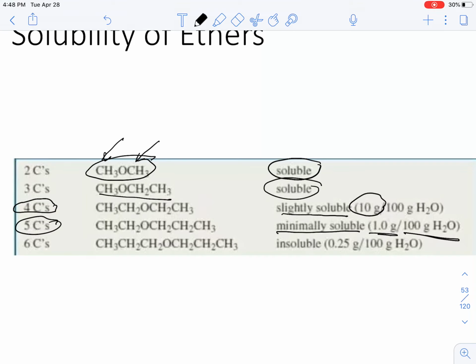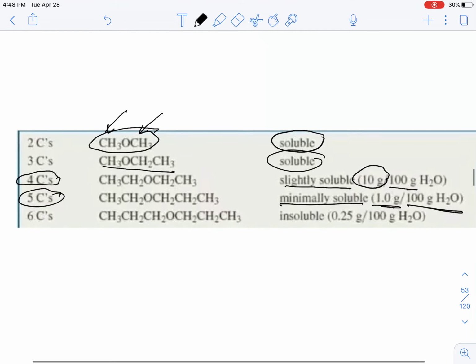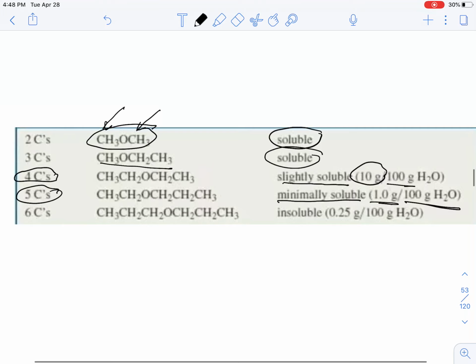10 grams of the 4-carbon ether is dissolvable in 100 grams of water at a very specific temperature. Remember from one of the prior chapters, we discussed how temperature increases the solubility of substances. Same idea here.